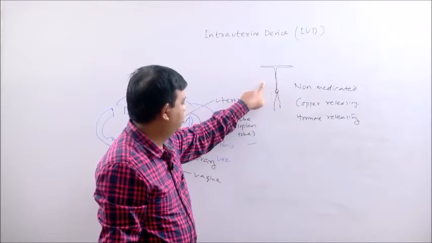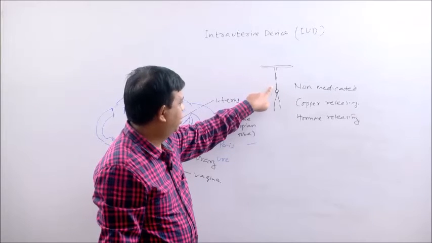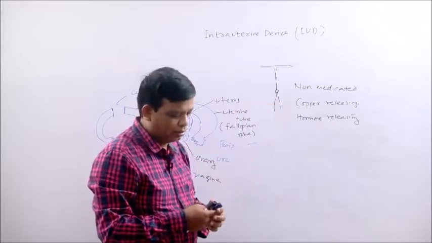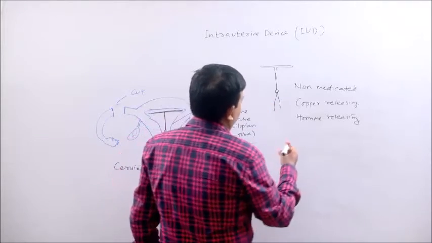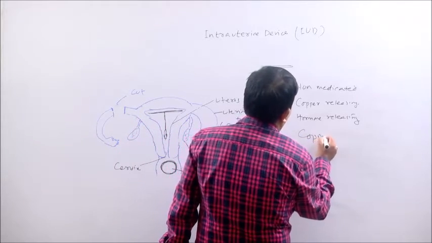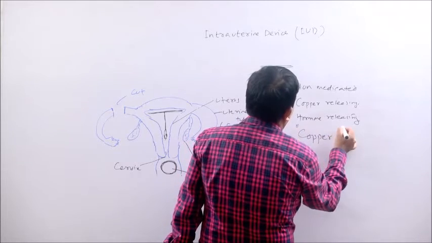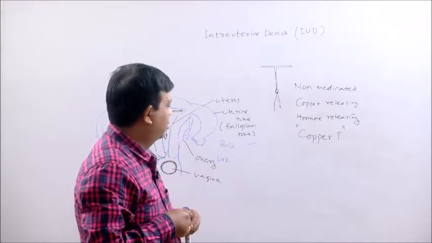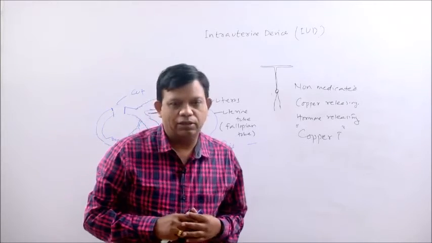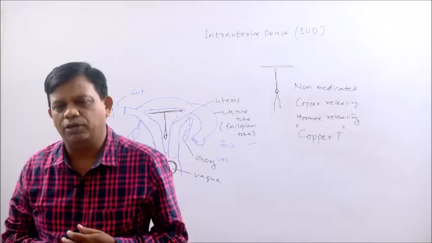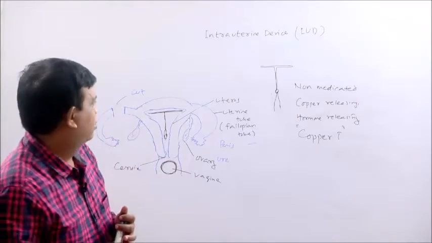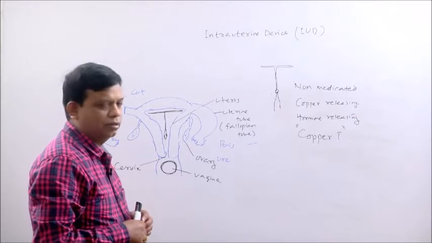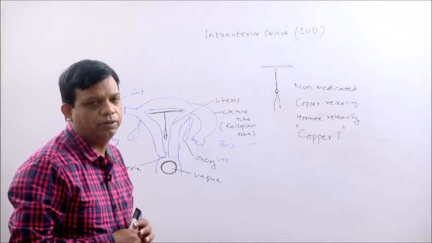The intrauterine device which is made of copper and in the shape of English letter T is popularly known as copper T. These devices, when placed in the uterus, induce irritation in the uterus.